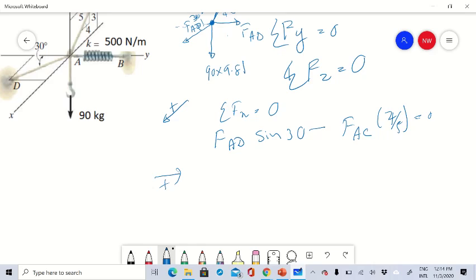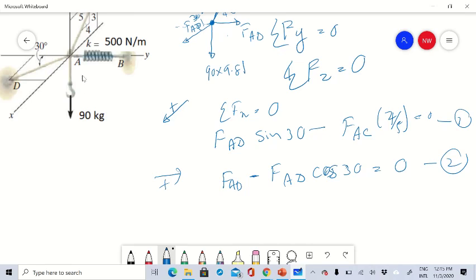If I mark this as my positive y direction, then I can write FAB, which is the force in y direction, right, minus, if you take this force which is in negative y direction, FAD cos 30 is equal to 0, right. So this is my first equation, this is my second equation, right.